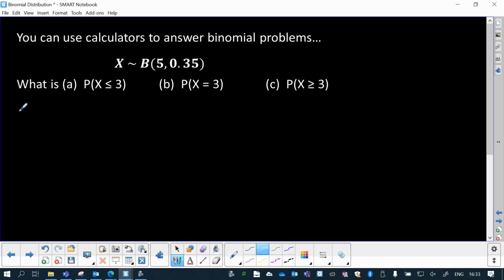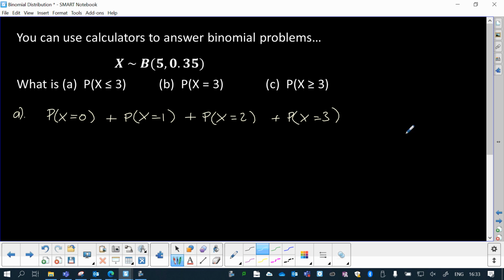Now, for part A, to find the probability of x is less than or equal to 3, you could find this. I'm already bored of writing it, to be honest. Each one comes with its own nCr calculation. You can imagine how long that would take.